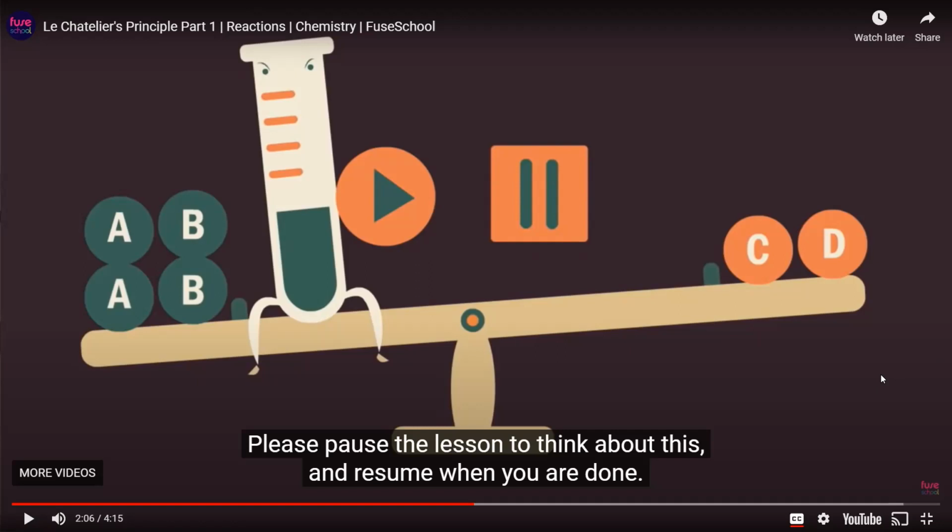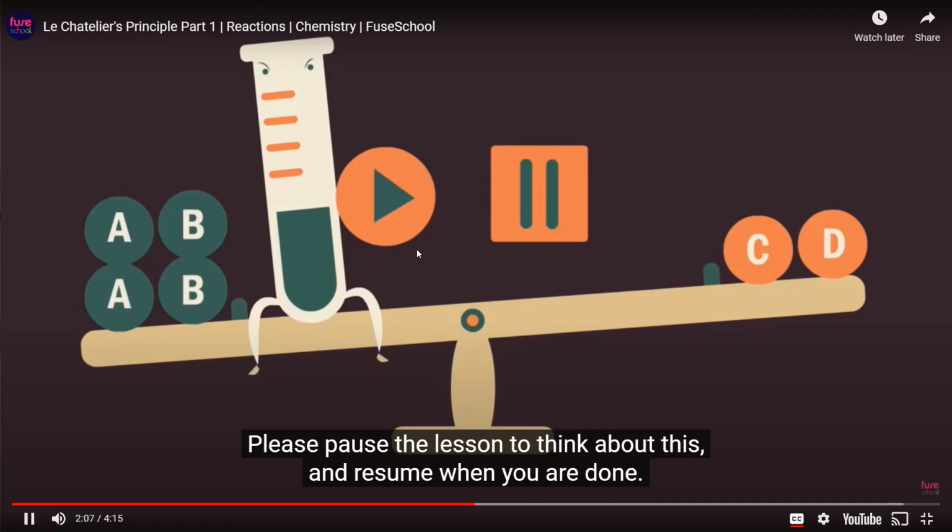If you think about it, as you remove C and D, more A and B will react and make more C and D for sure. It'll try to replace it. But won't there be a time where the C and D are no longer being produced because the A and B are done reacting?